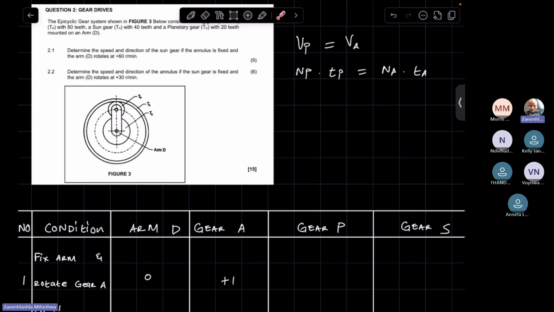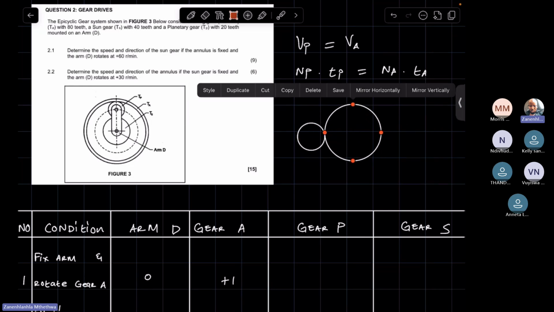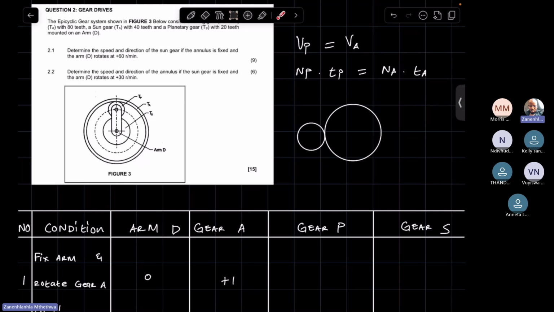If you have two gears meshing with the outside true circumference, meaning that these two gears have teeth ground onto them on the outside true circumference, these gears rotate in opposite directions.